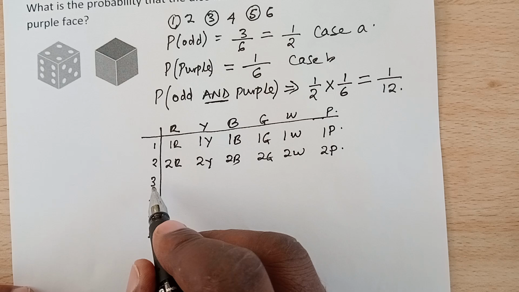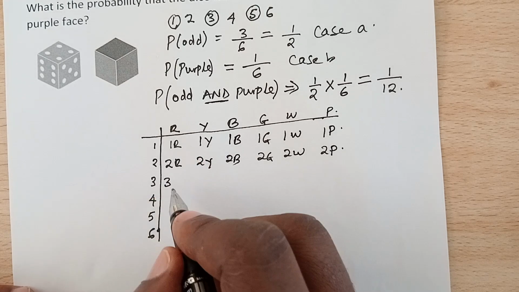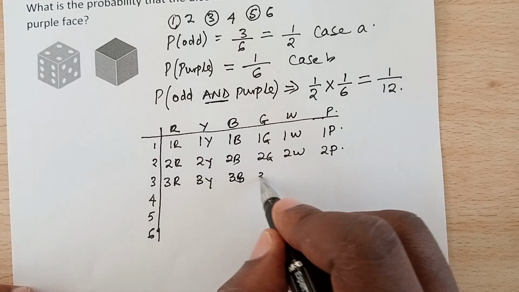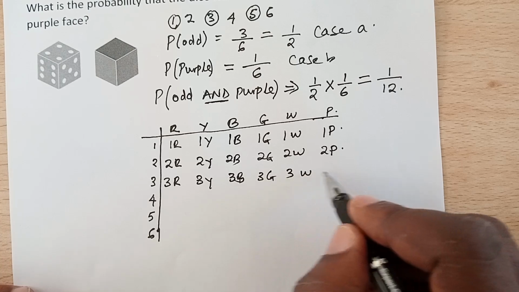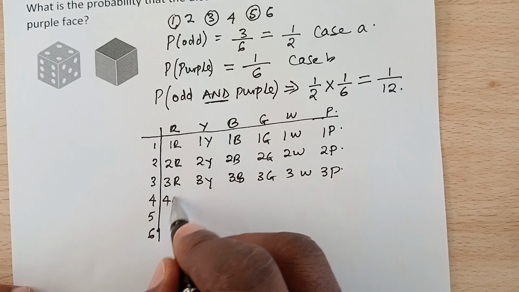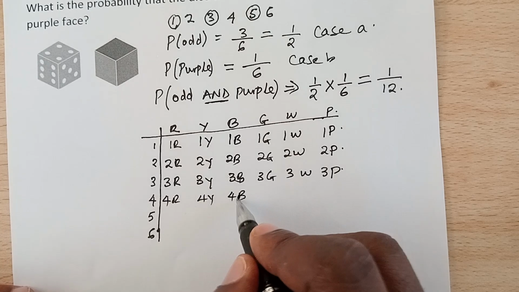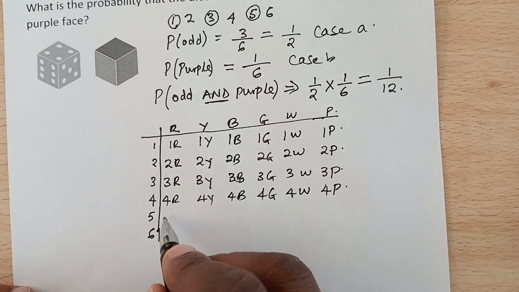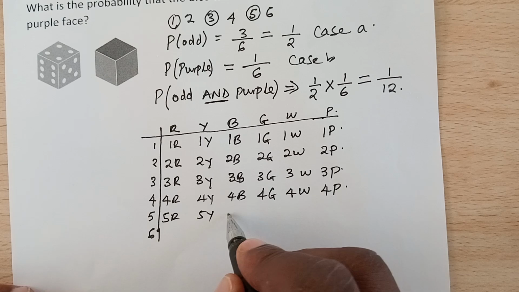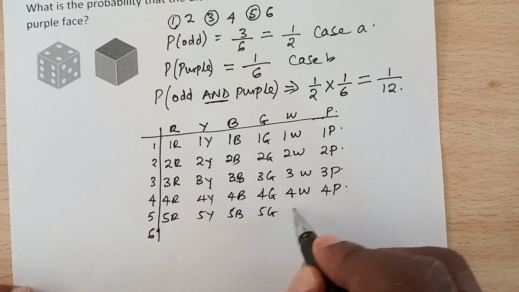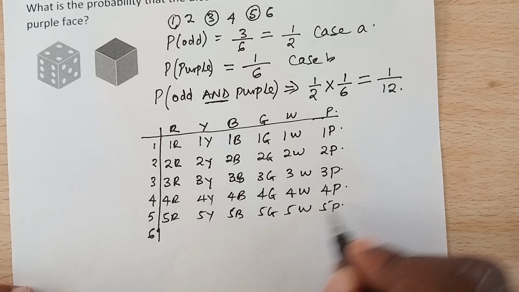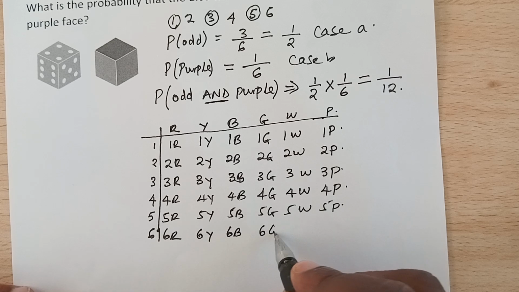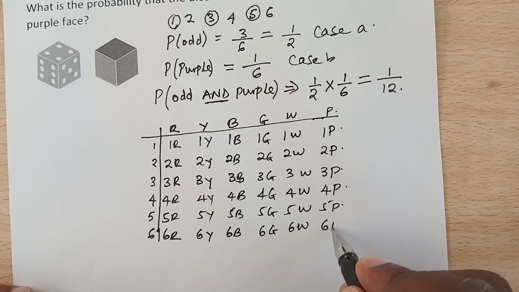This one can now show a 3: 3R, 3Y, 3B, 3G, 3W, 3P, 4R, 4Y, 4B, 4G, 4 white, 4 purple, 5 red, 5 yellow, 5 blue, 5 green, 5 white, 5 purple, 6 red, 6 yellow, 6 blue, 6 green, 6 white, and 6 purple.